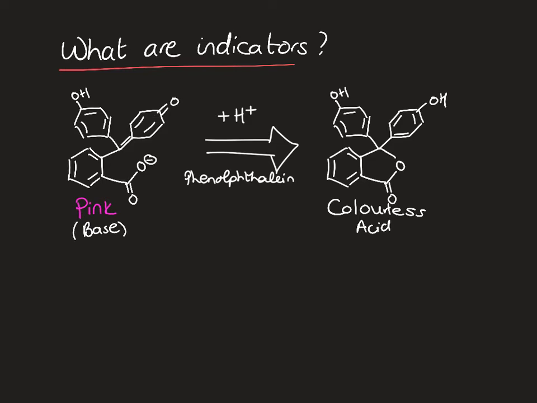So you can see here that the chemical structure of phenolphthalein changes depending on whether it's in base or in acid. So it's got a protonated form here on the right, where it's got this ring in the middle, and you'll notice that you've got an OH here rather than a double bond O. And on the left you've got the ring opening and you've got a negative charge, so that's the deprotonated form.